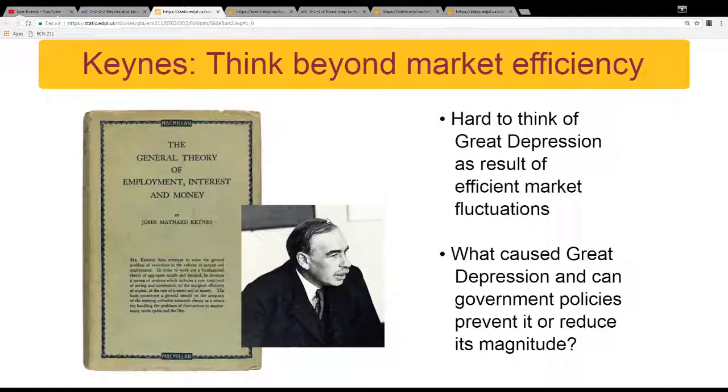Keynesians tend to think that these inefficiencies are really large, and they generally also think that they are driven by self-fulfilling prophecies, self-fulfilling expectations on the demand side of the economy, so that recessions are really a shortfall in the demand in the economy. It has nothing to do with the supply side of the economy.